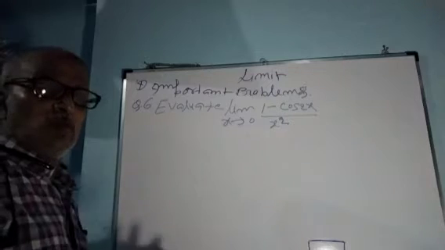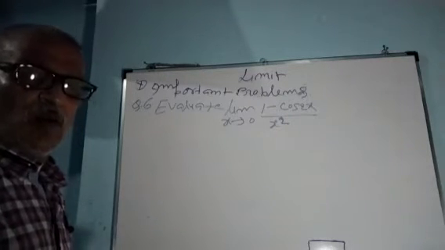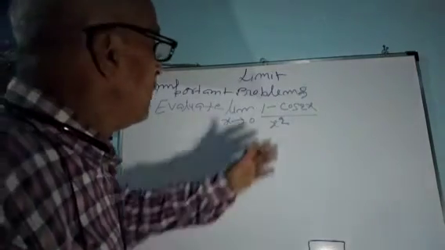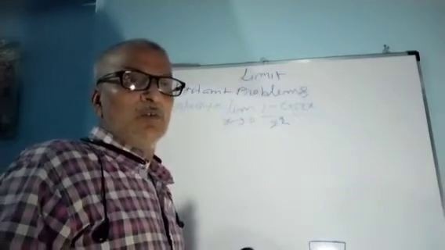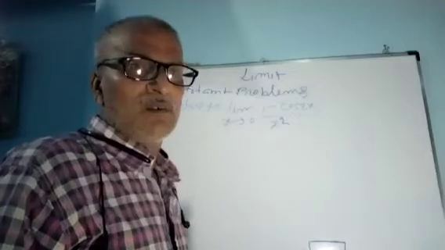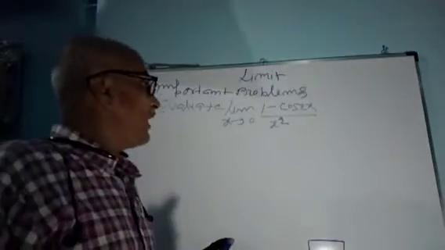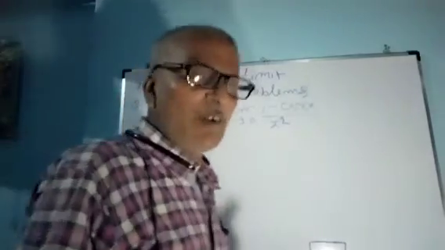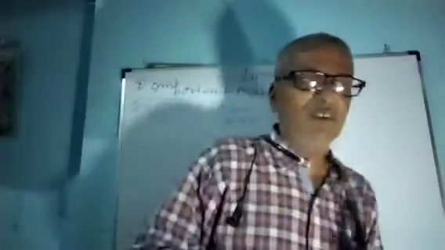Here we also move in that way so that we are able to convert it into the formula, into the trigonometrical formula, so that we are able to use the formula directly.